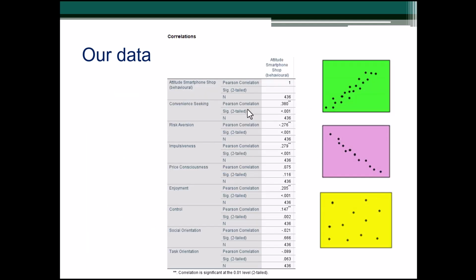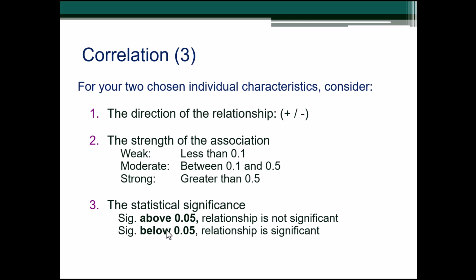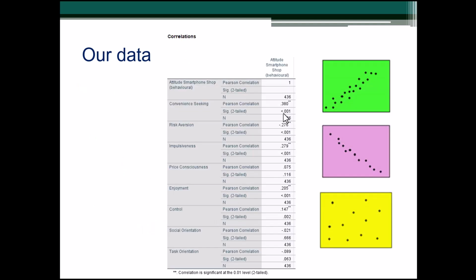It's a positive correlation, and the significance is less than 0.001, so that's less than 0.05, so we say it's a significant correlation. So there is a correlation between convenience seeking and attitudes towards smartphone shopping. It's moderately strong, it's positive, and it's significant. And down here you can see the number of people whose data fed into that relationship.